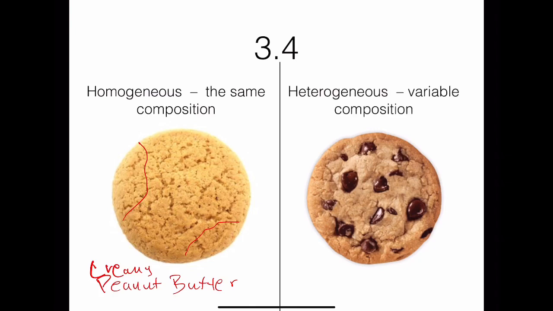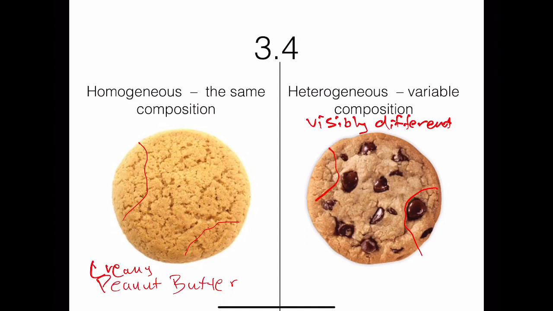Heterogeneous mixtures are what's known as variable composition. So a chocolate chip cookie would be an example of a heterogeneous mixture. Visibly different parts. We can see that the chocolate chips are visibly different than the base of this cookie. I could take a bite from here and only get 2 chocolate chips.